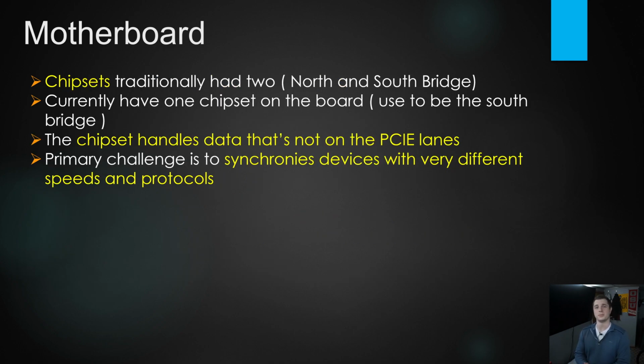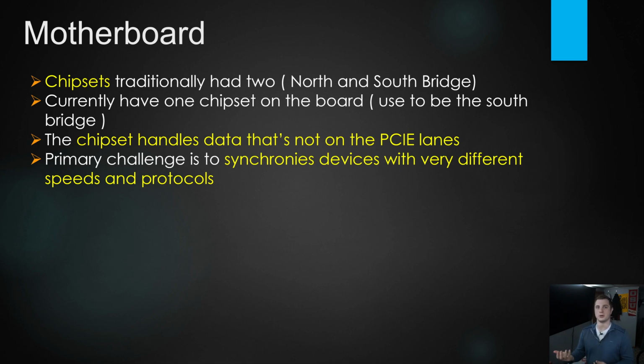Okay, so the last little bit here, we got to talk about chipsets and then how the PCIe standard actually interacts with these chipsets. So traditionally, Northbridge and Southbridge were two separate things. The Northbridge would communicate with your fast devices, so your CPU, your RAM, and your GPU typically. And then your Southbridge would communicate with all your slower devices that also operate on a very different data rate.